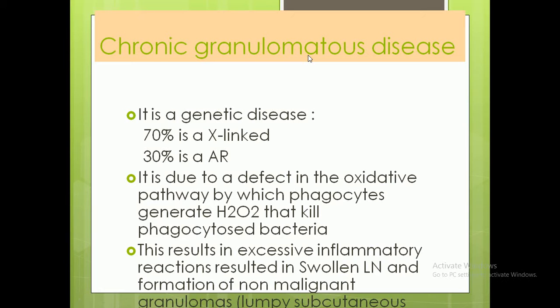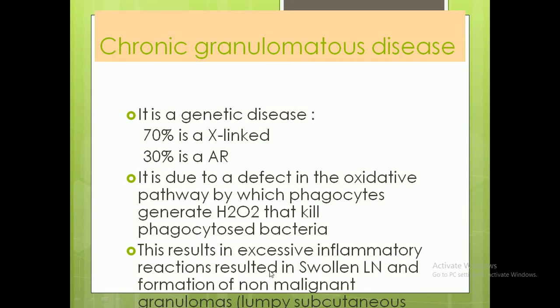Another disease is chronic granulomatous disease, which is a genetic disease. 70% of it is X-linked and 30% autosomal recessive. It's due to a defect in the oxidative pathway, by which phagocytes generate H2O2 that kills phagocytosed bacteria.